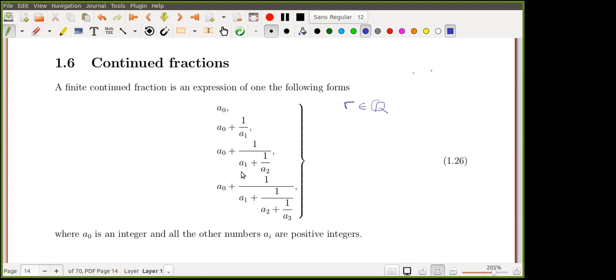So in this definition, in all this expansion, from the second one up to the last, A0 stands for an integer, right?